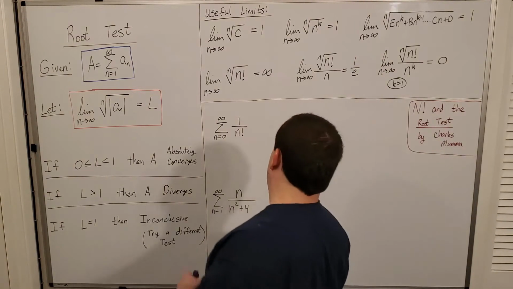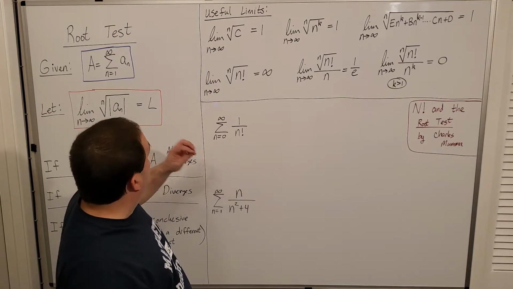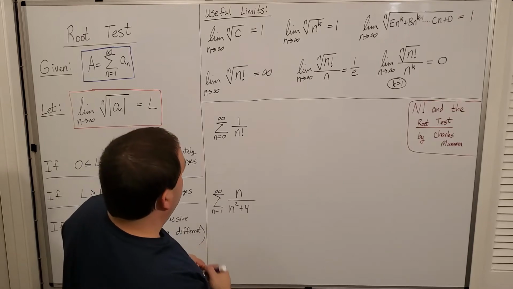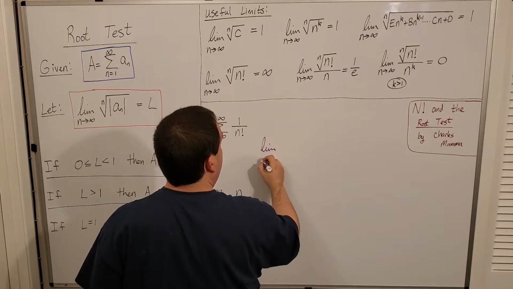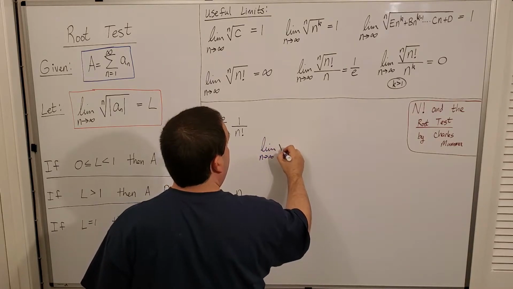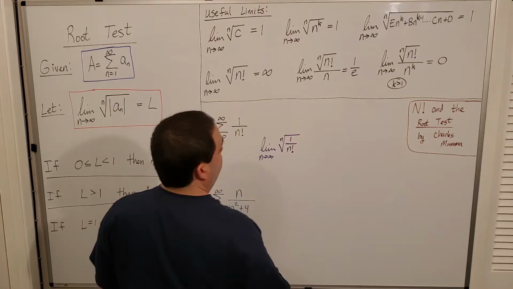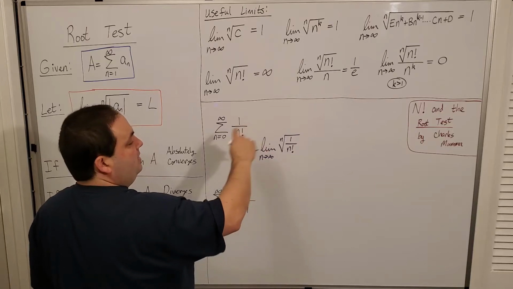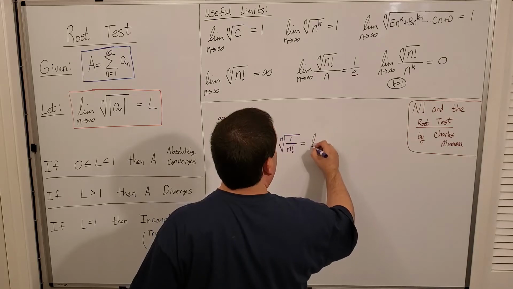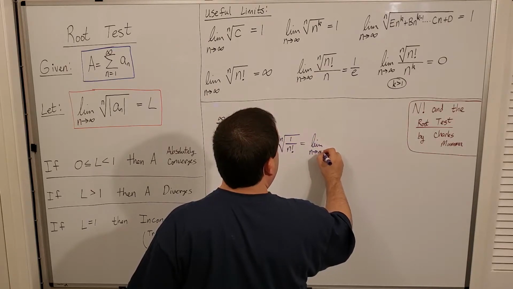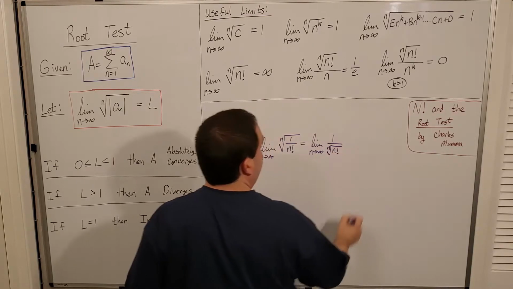Okay, so let's do a couple of examples here. I know we already know this one converges, but I want you to see how this can easily take care of this one. For this one right here, I'll just take the limit as n goes to infinity of the nth root of 1 over n factorial. Okay, so since I can split this, I basically have the limit as n goes to infinity of 1 over the nth root of n factorial.